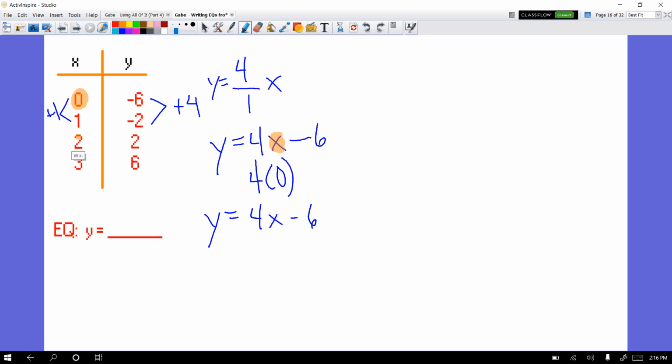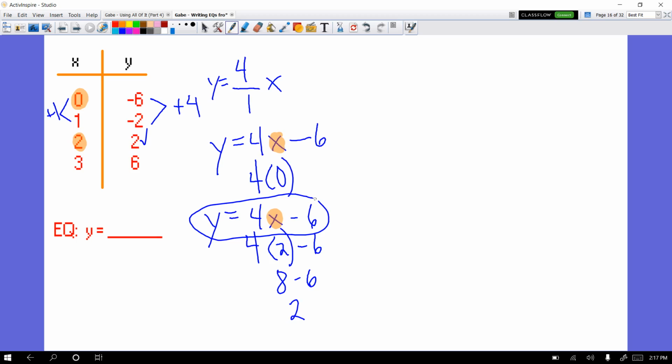I'm going to use 2, plug it into x. 4 times 2 is 8, minus 6. 8 minus 6 is 2. Check. That is proof that this is our equation. Y equals 4x minus 6. Take any of the x values and plug it into that, and you will know if you're right or wrong.